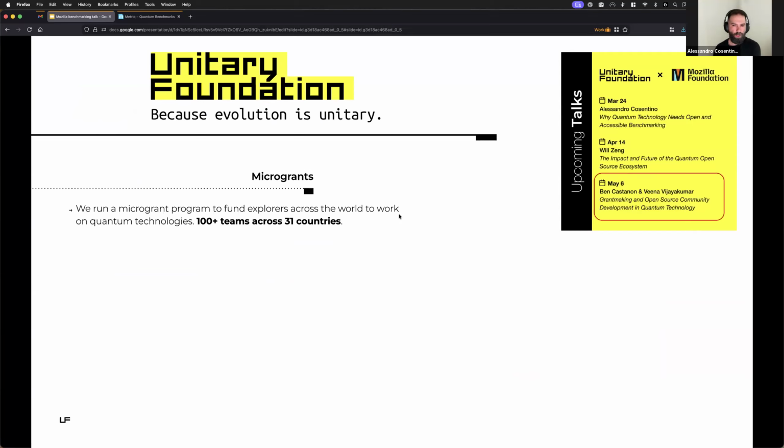We run a microgrants program, which you can check out on our website, unitary.foundation. Also, Vina, who is on this call, and Ben are going to talk about that on May 6th. We basically fund contributors to quantum open source and quantum tech in general. We have had lots of success running this program for the last 5 years.